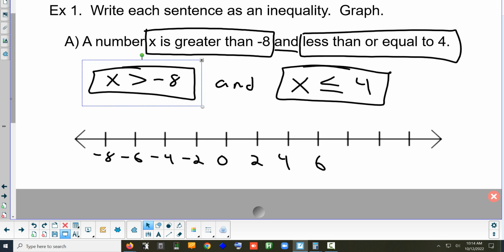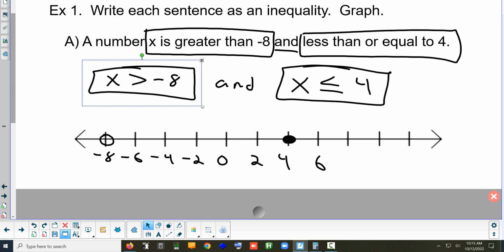Okay, start with the one on the left. Maya, what kind of circle on -8? Open. Open. Finnegan, what kind of circle on 4? Open or closed? Why? Because the line under it. Because it has the line under it. Good. And this is an and. So where do I shade?